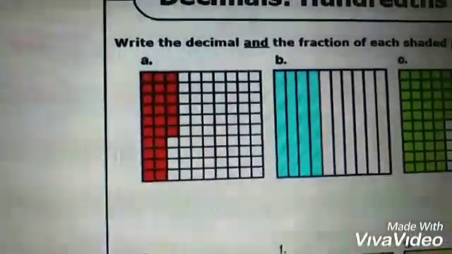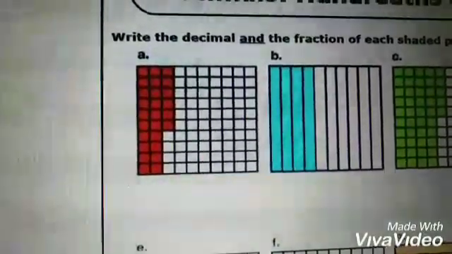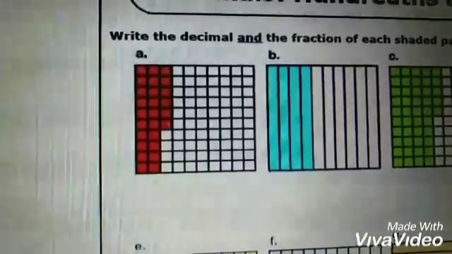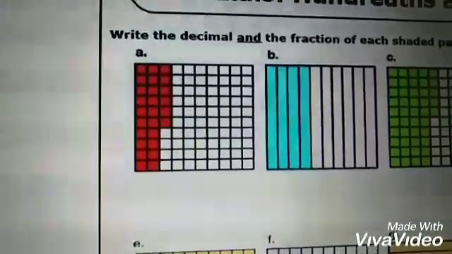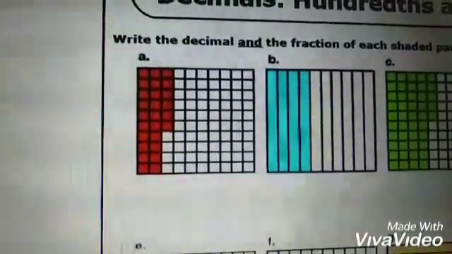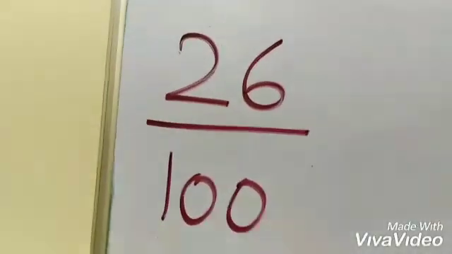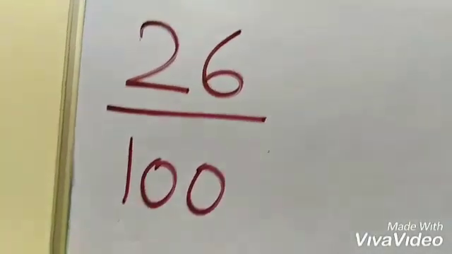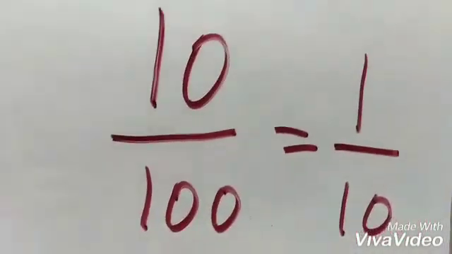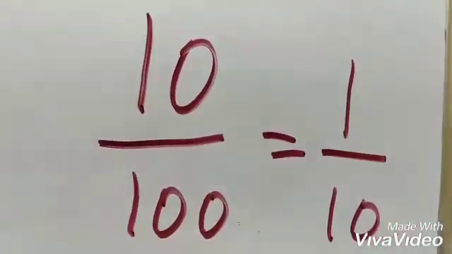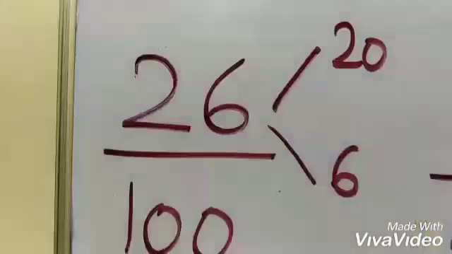The fraction in letter A is 26/100ths because there are 26 colored parts out of 100 parts. But how can we write 26/100ths using decimals? To write 26/100ths using decimals, you must remember the fact that each 10/100ths equals 1/10 and can be written as 0.1.